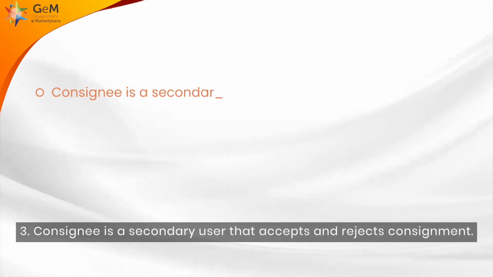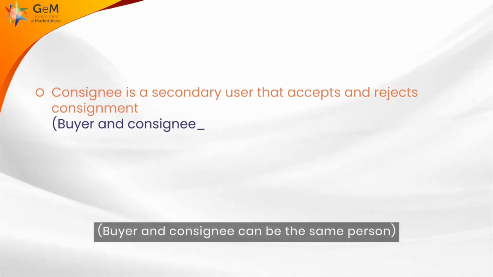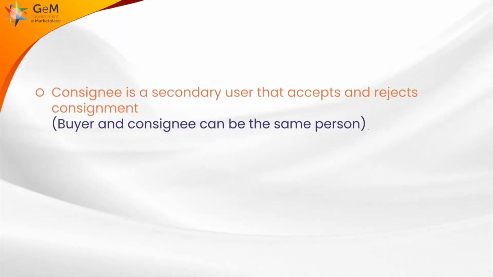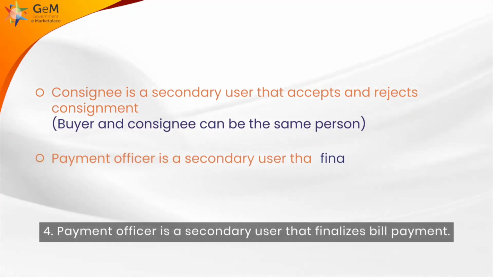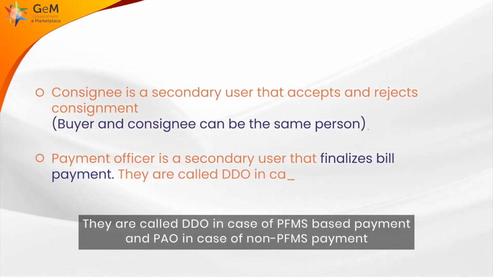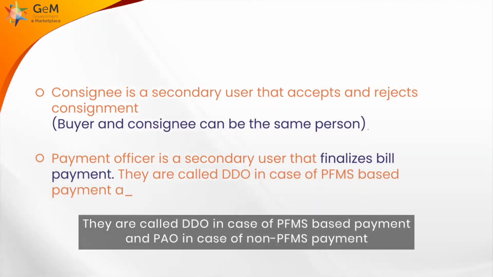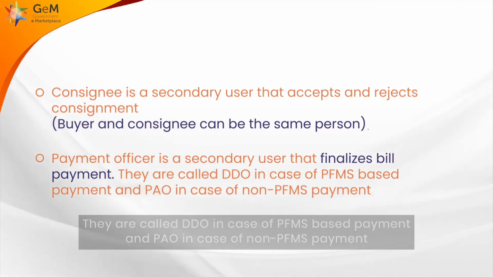Consignee is a secondary user that accepts and rejects consignment. Buyer and consignee can be the same person. 4. Payment officer is a secondary user that finalizes bill payment. They are called DDO in case of PFMS-based payment and PAO in case of non-PFMS payment.